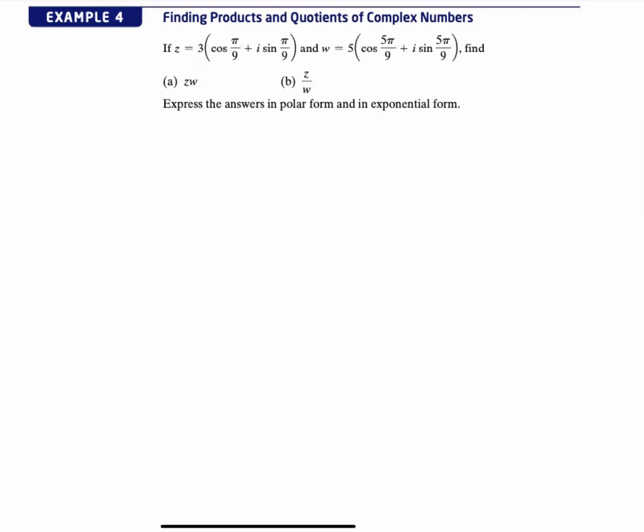So we're given two complex numbers. They don't call it z1 and z2, just z and w, which makes it a little bit nicer to distinguish. So z is 3 times the cosine of pi over 9 plus i times the sine of pi over 9.